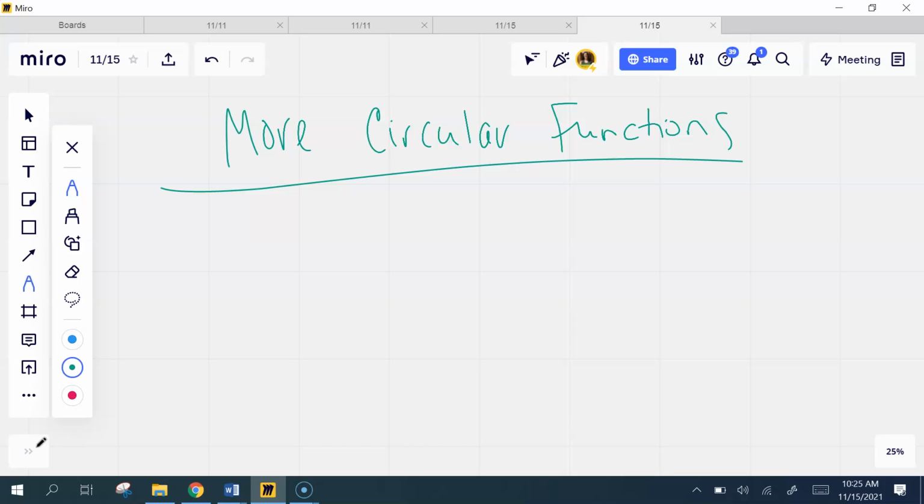Let's see. If I have the point P that is (3, 4), and this is on the terminal side, how might I write all of the trig functions based on this?